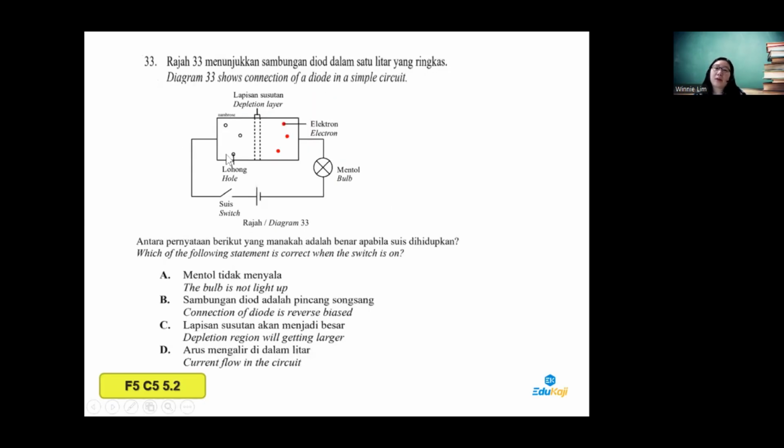33. Diagram 33 shows connections of a diode in a simple circuit. Which of the following statements is correct when the switch is on? This is a diode, formed by a p-n junction. If there are extra holes, you name it p-type. If there are extra electrons, you name it n-type. If n connects to the negative terminal and p connects to the positive terminal, this connection is called forward bias.